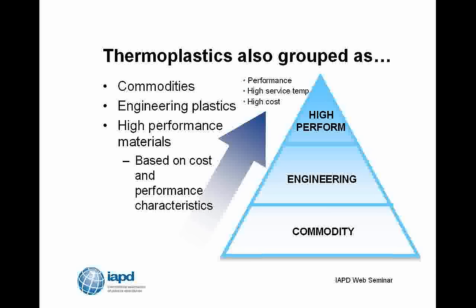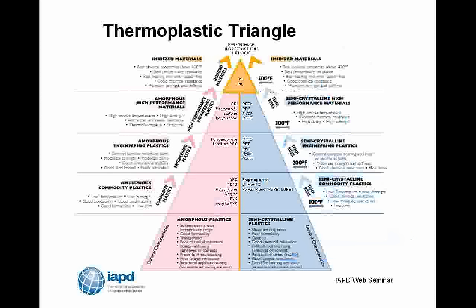So if I overlay these two ideas, dividing thermoplastics into amorphous and semi-crystalline thermoplastics, and further dividing them into commodity plastics, engineering plastics, and high-performance materials, I yield a fairly complicated-looking diagram. Now, you'll see this triangle in many different forms throughout plastics literature, and IAPD does a nice job of summarizing the same information on the IAPD rectangle.